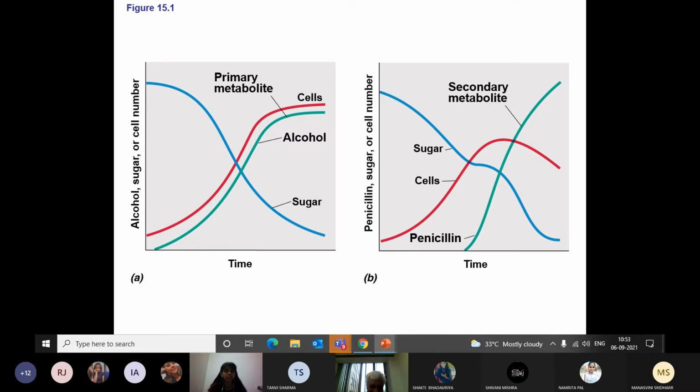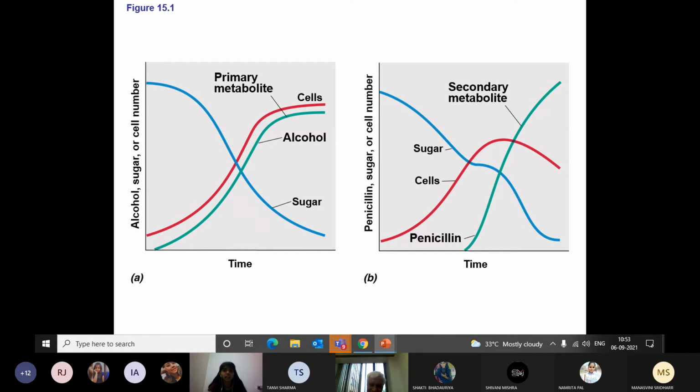So the difference between graph A and B, I would like to point out, is that in graph A we saw that the production of primary metabolites starts during the exponential phase, as Manaswini mentioned. But when we see the second graph, the production of secondary metabolites occurs almost when the exponential phase ends and the stationary phase starts.